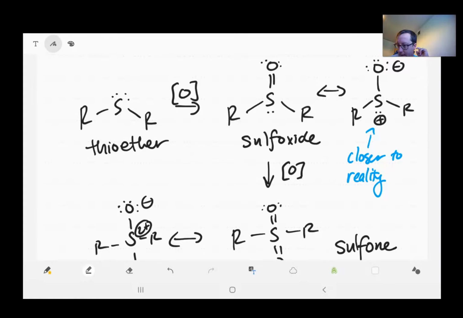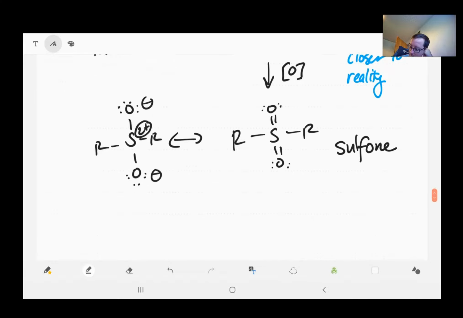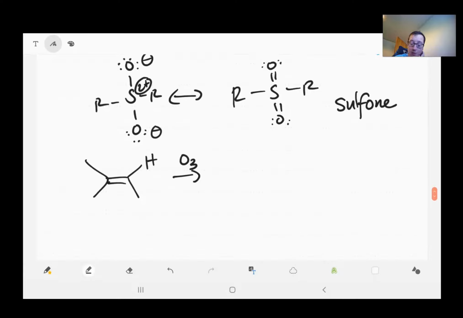And let's see. Oh, one other place we've seen sulfur before. Do you remember our dear friend, this reaction, perhaps? We put ozone with an alkene. Do you remember what happens in this?